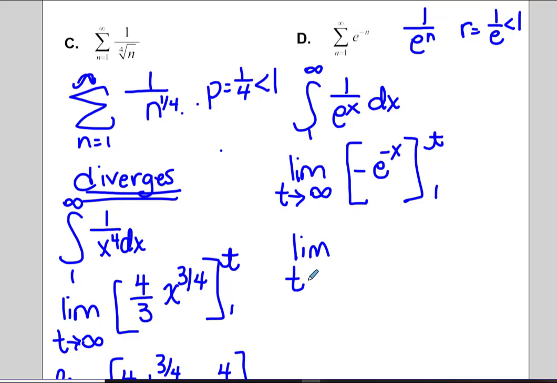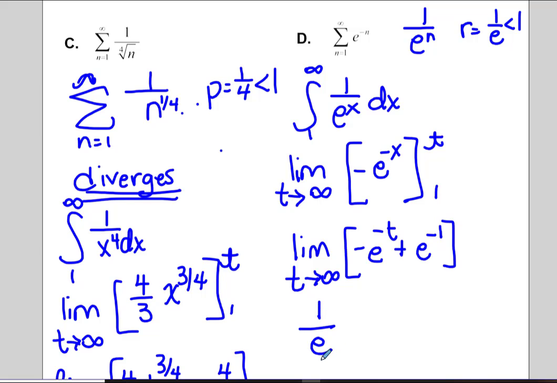And the limit as t approaches infinity would be negative e to the negative t plus e to the negative 1. And this is going to be 0, and this one will be 1 over e. So our integral test tells us 1 over e.